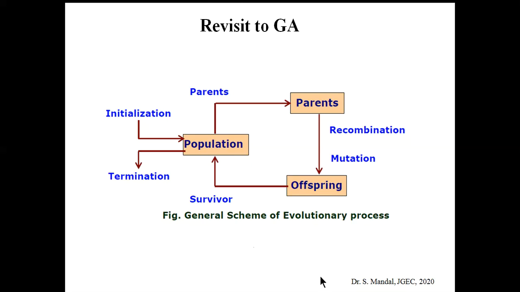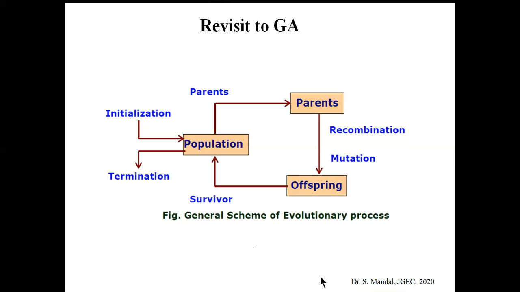The importance of selecting these parents is that we need to intermingle, or mate, the parents so that a new child or new offspring can be generated.